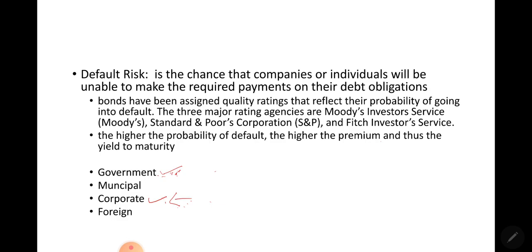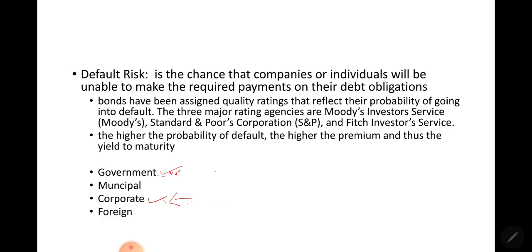Their YTM will be less because the investors do not need a very high rate for compensation. They are happy with a lower interest rate knowing that the security is safe. Whereas for a corporate bond, they might require a higher interest rate because over here the risk of default may be higher.